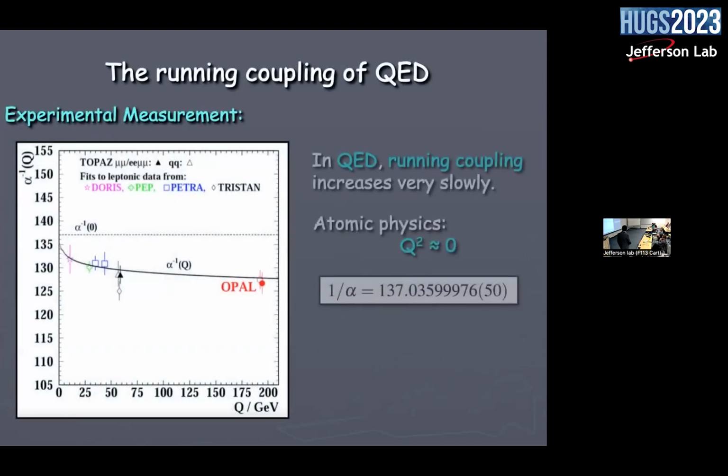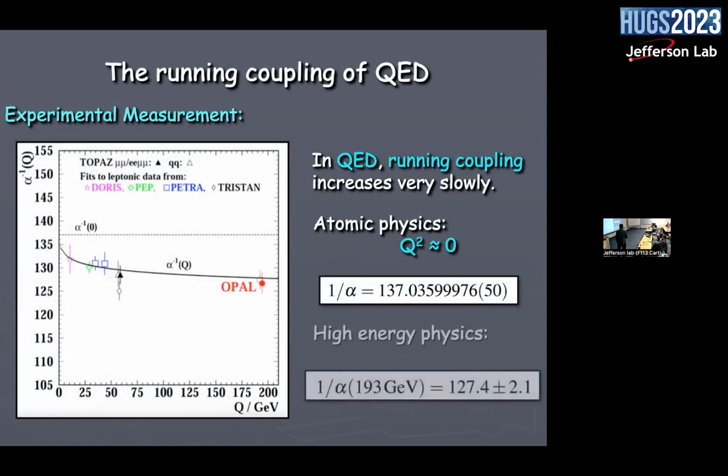There are some experimental figures shown here that I've seen before. Experimentally, when you do a high energy experiment in quantum electrodynamics, you measure a cross section, and then you take an effective coupling and see what value of alpha gives you the same result that you see in the experiment.